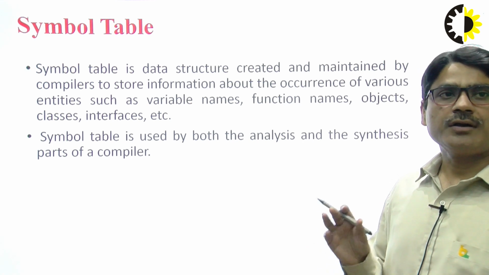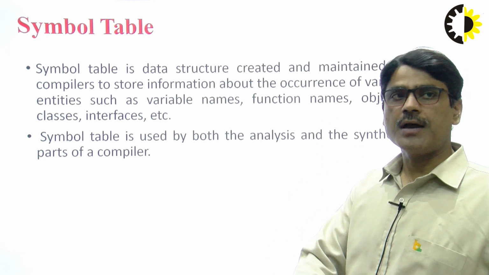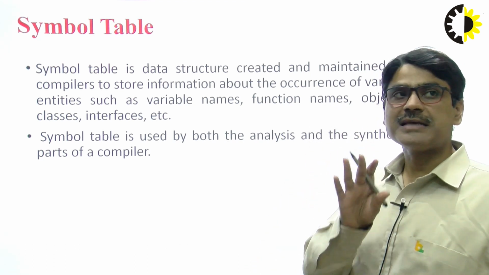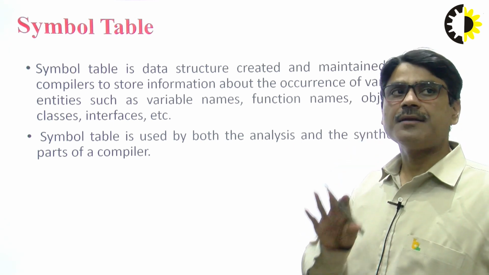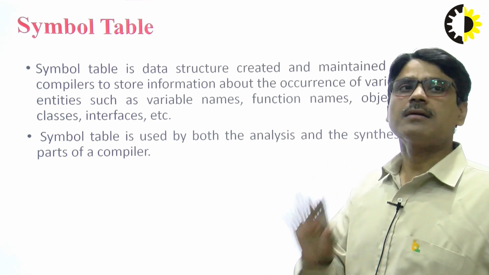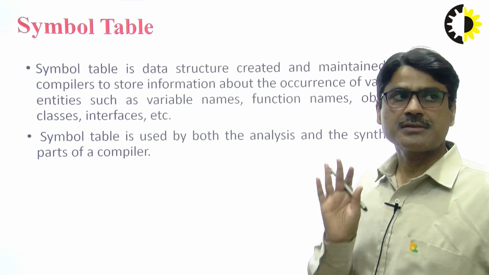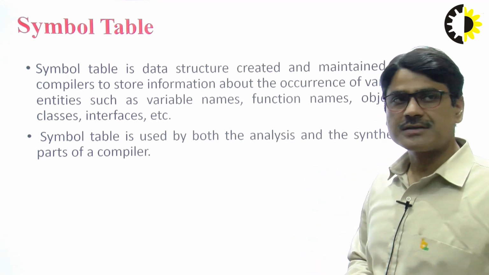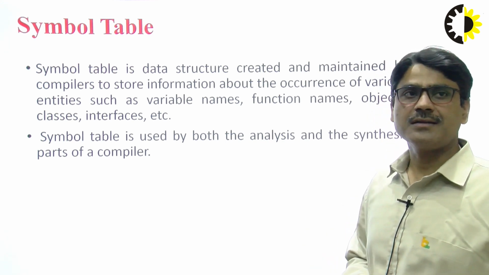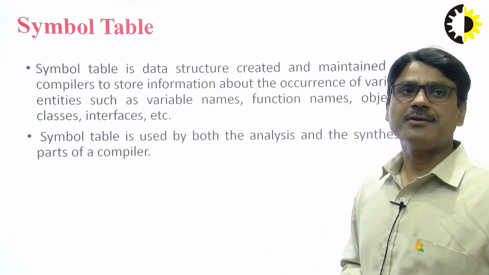So basically whatever data is in the program and used during the compilation process is maintained by the symbol table through the compiler. You can see that variable names, function names, object names, classes, and interfaces are all the symbols, the variables used in the compilation process.